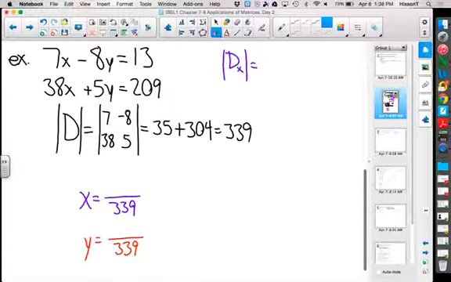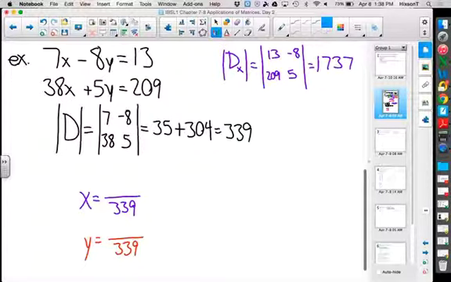Well, you'd reduce if you could. So for D sub x, we're doing 13, negative 8, 209, and 5. And when you do that, you get 65 minus a negative 1672. So that's 1737.